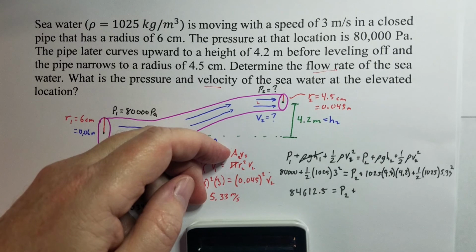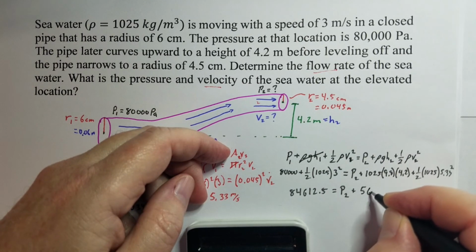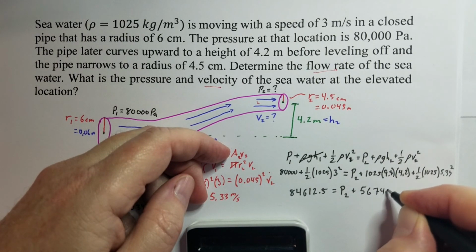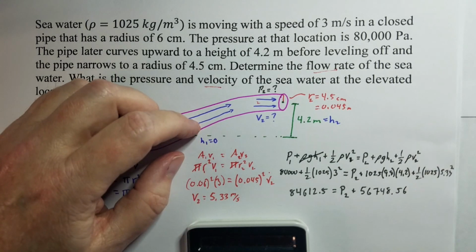So 1,025 times 9.8 times 4.2 plus half of 1,025 times 5.33 squared equals 56748.56, kind of rounded off.